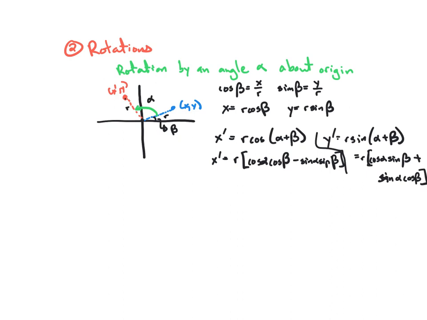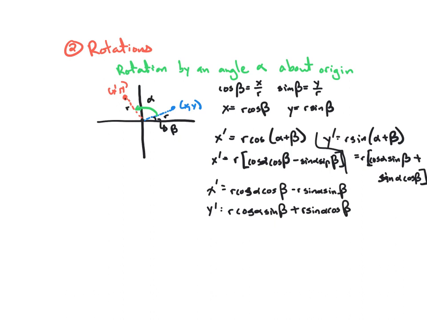And then we just do a little simplification. We multiply through, we're going to get x prime equals r cosine alpha cosine beta minus r sine alpha sine beta, and then y prime is r cosine alpha sine beta plus r sine alpha cosine beta.